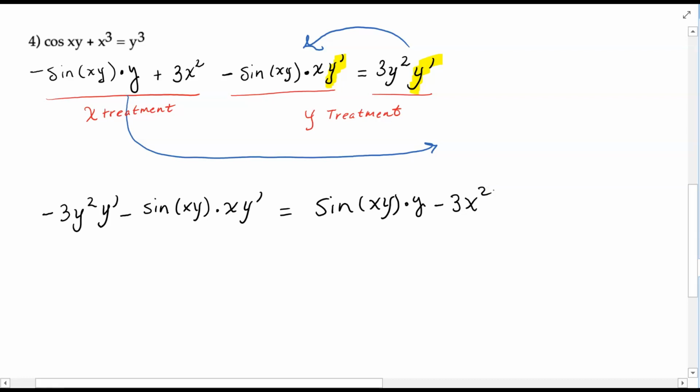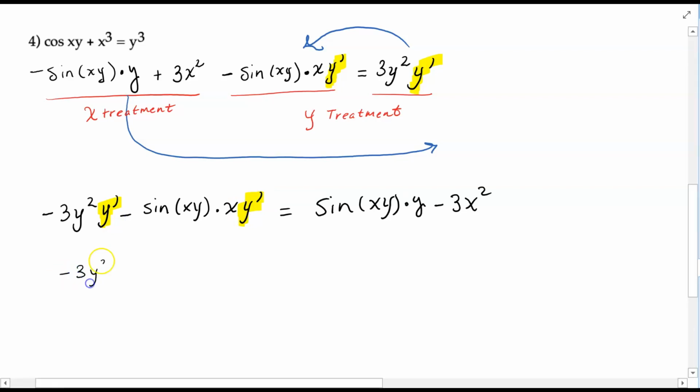Now, notice I'm taking a lot of steps for granted, but you really just need to visualize it. You don't have the time anymore to be doing little minor steps. Next thing we do, we notice we've got the y prime, and I probably should have done it already, but we're progressing.